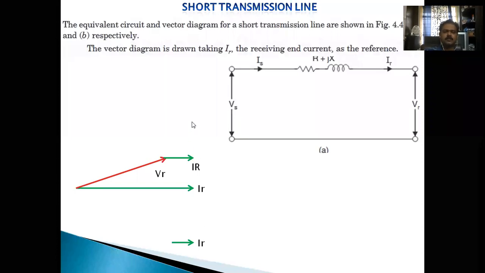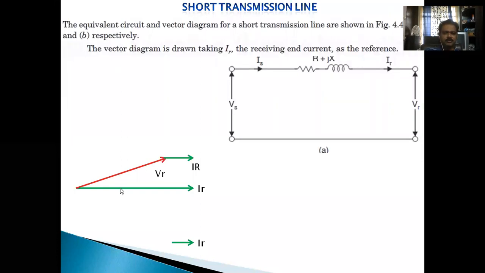Now, in the case of pure inductance, the current lags behind the voltage by an angle of 90 degrees. Here it is an inductive load, that's why the current is behind the voltage by an angle theta. But in the case of a pure inductor, the value is going to be 90 degrees. The current lags behind the voltage by 90 degrees.